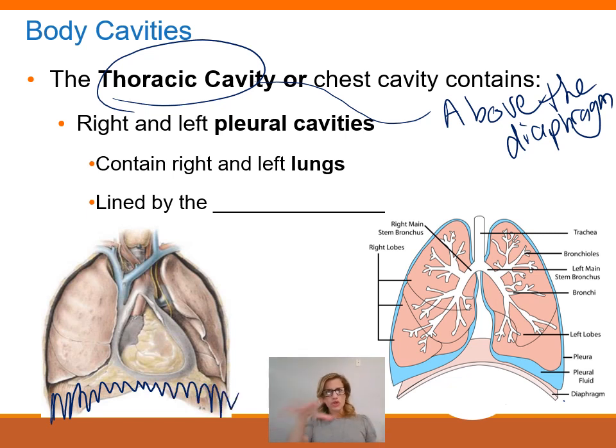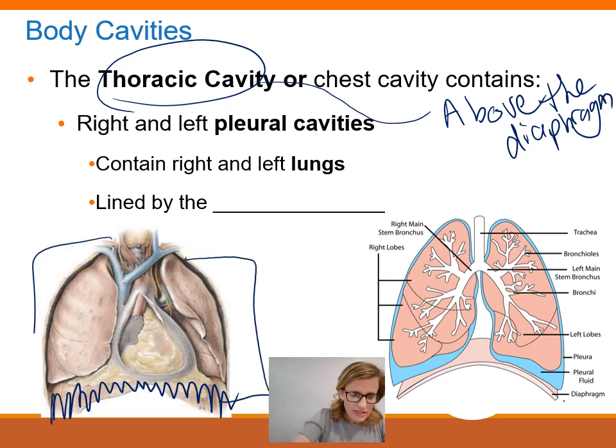So it's a big dome-shaped muscle that forms a big barrier between the chest cavity and the abdominal cavity. The thoracic cavity is all of this. So all of this tissue up here above the diaphragm is included in the thoracic cavity.